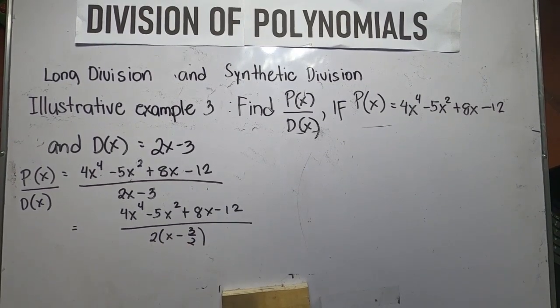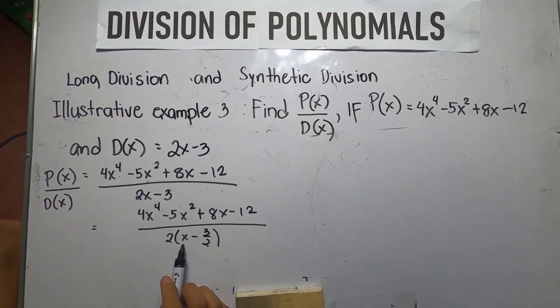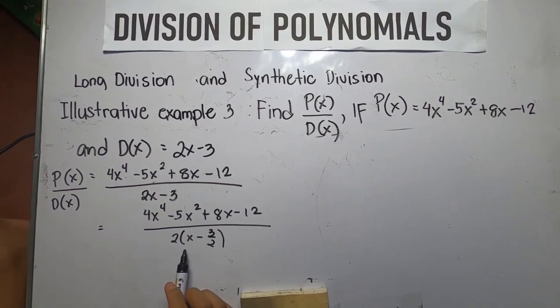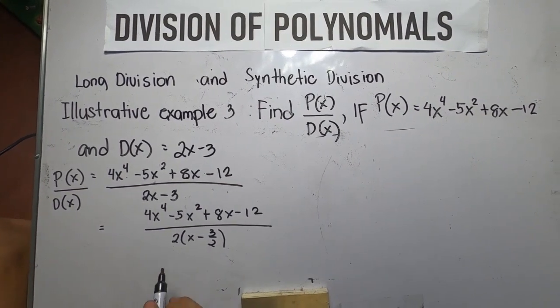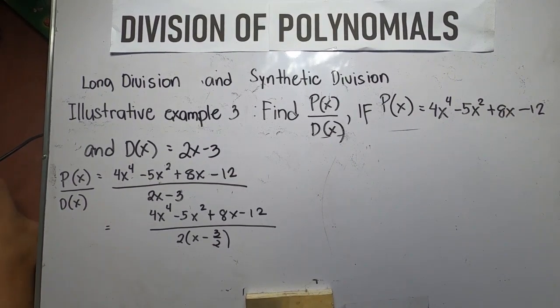So we factor out 2 so that we can write the linear divisor in the form of x minus a, in that case, which we have a leading coefficient that is equal to 1. The numerator will not change.